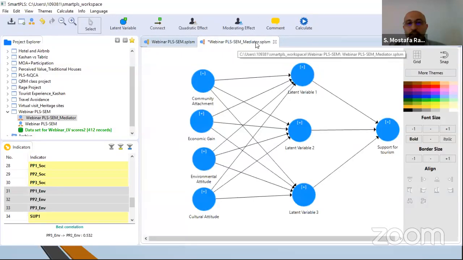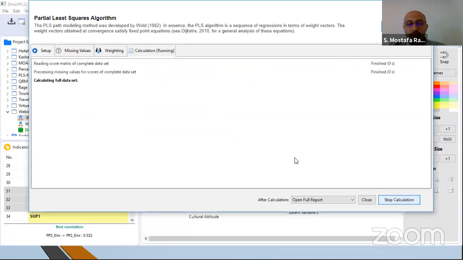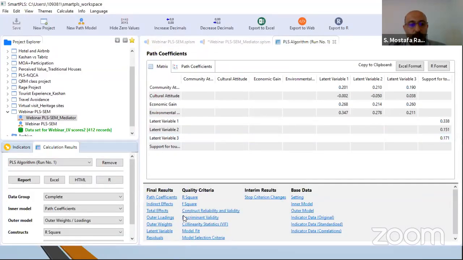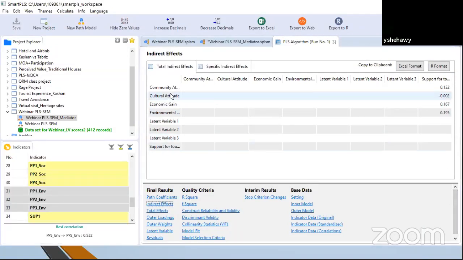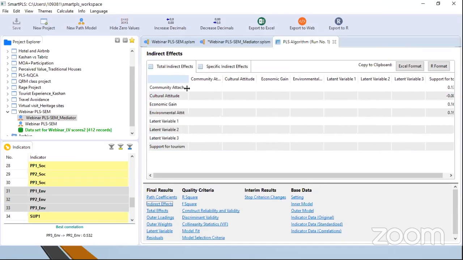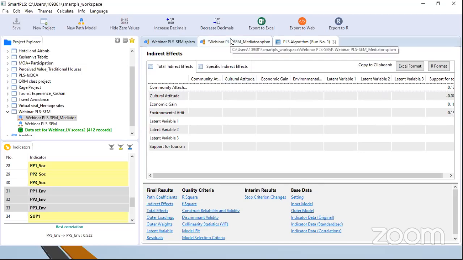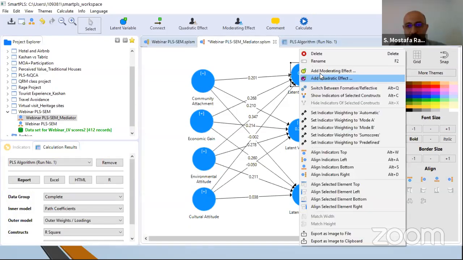Close this one and run the PLS algorithm. So here you can see indirect effect, right? Okay, change the name.